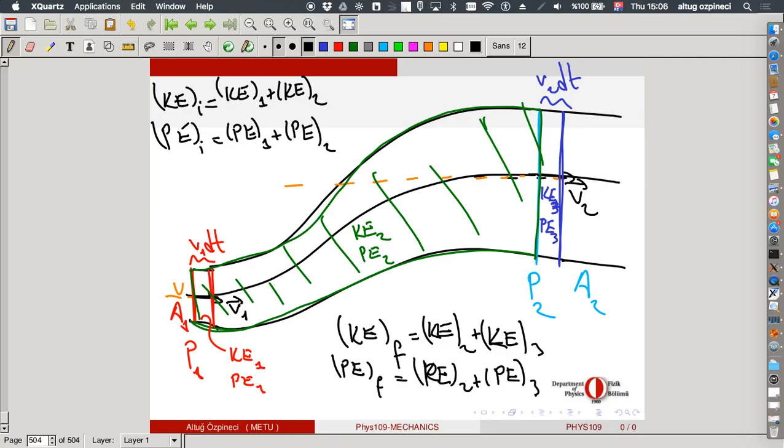So what is left? The change in the kinetic energy of the system as a result of the external forces acting on my liquid will be the kinetic energy of this narrow region, KE3, minus the kinetic energy of this very narrow region, this KE1. That's why I'm only subtracting the kinetic energies of these narrow regions, because the kinetic energy of this larger region just cancels in the difference.